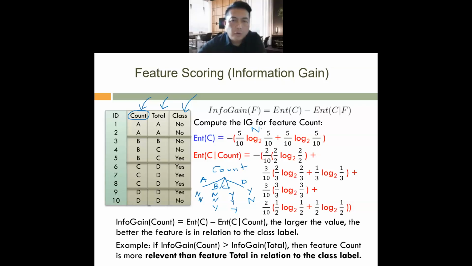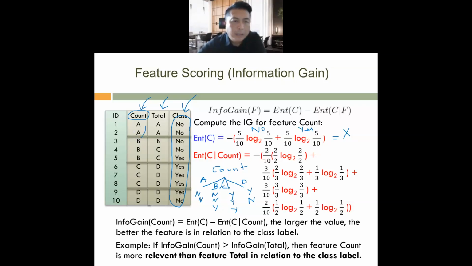So this is for the no, and this is for the yes. Before we split, we can compute the entropy based on this information. Then we get this value.